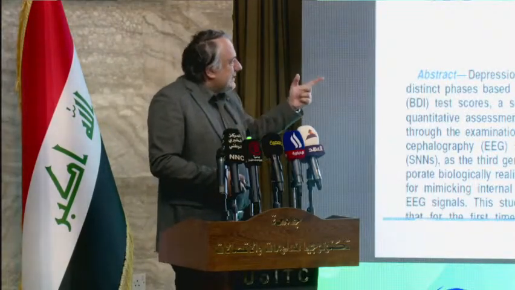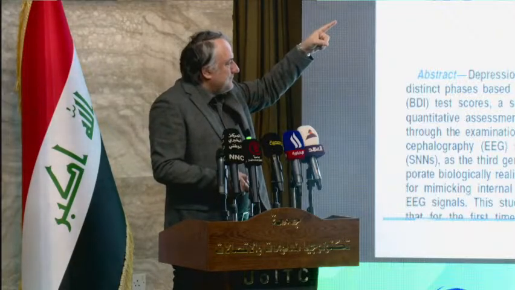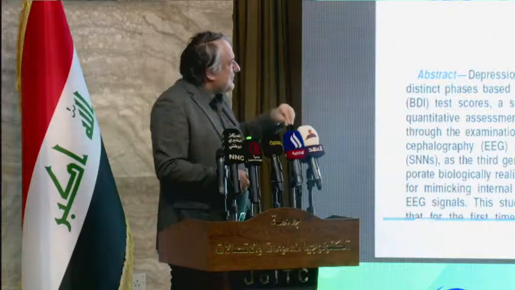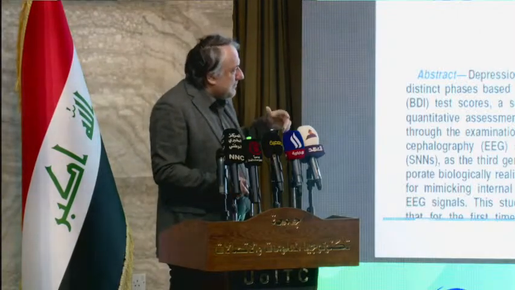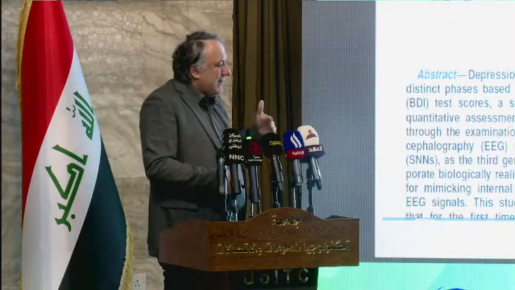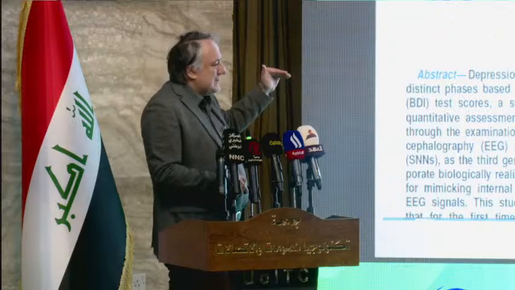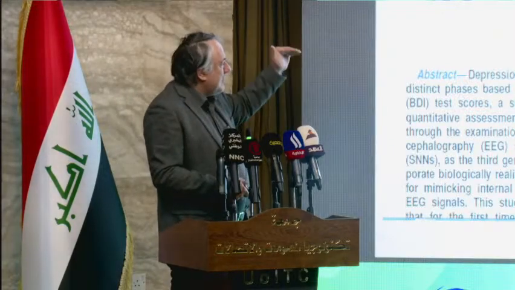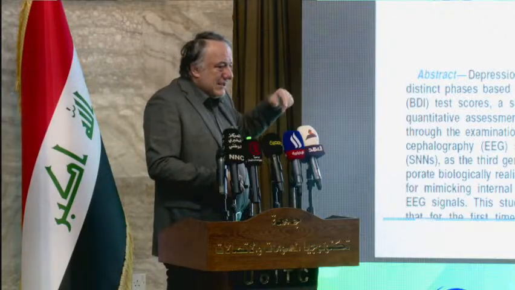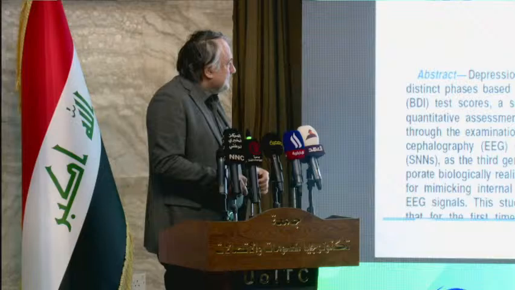In another paper recently published in 2023, we classify depressed and normal patients with different levels of severity with the help of LSTM, which is a deep neural network, and a spiking neural network, which is the second generation of neural networks.